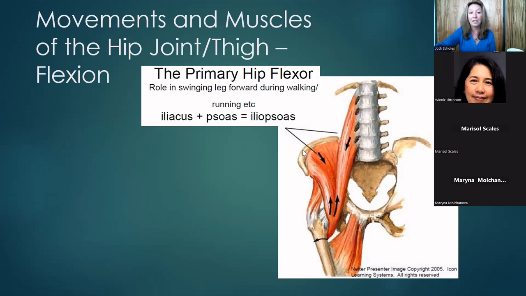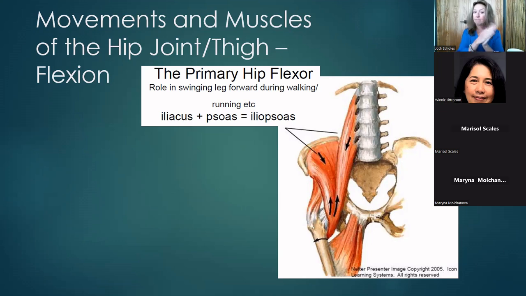Now, this iliacus is this yummy muscle on the inside of your hip. If you were to scoop your fingers around your hip bone, it's sometimes a little ticklish. That's your iliacus. And those two work together.